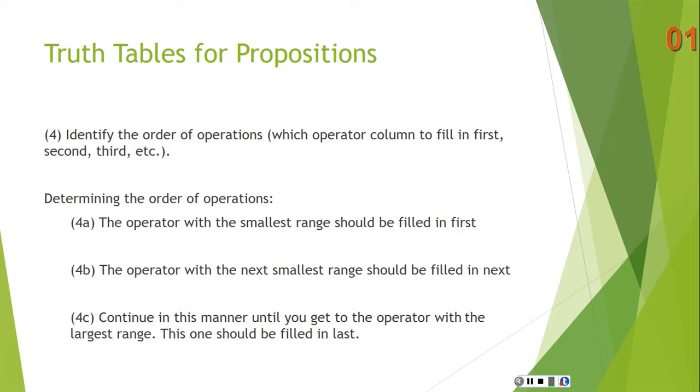And here's how you determine the order of operations, according to the main operator. So the operator with the smallest range should be filled in first. The operator with the next smallest range should be filled in next. And you should continue in this manner until you get to the operator with the largest range, namely the main operator. This one should be filled in last.